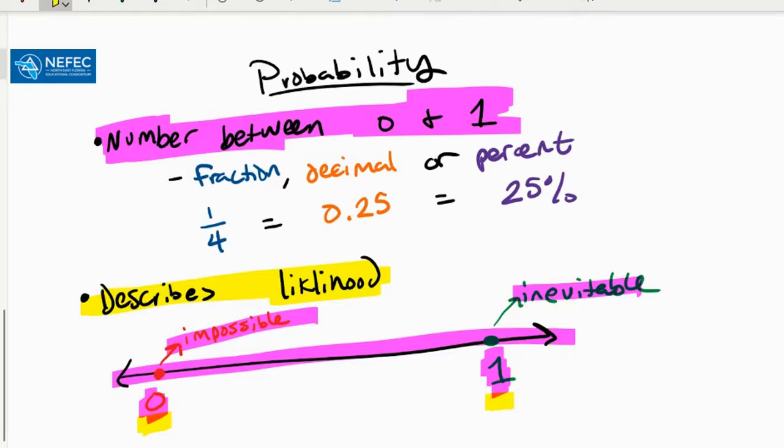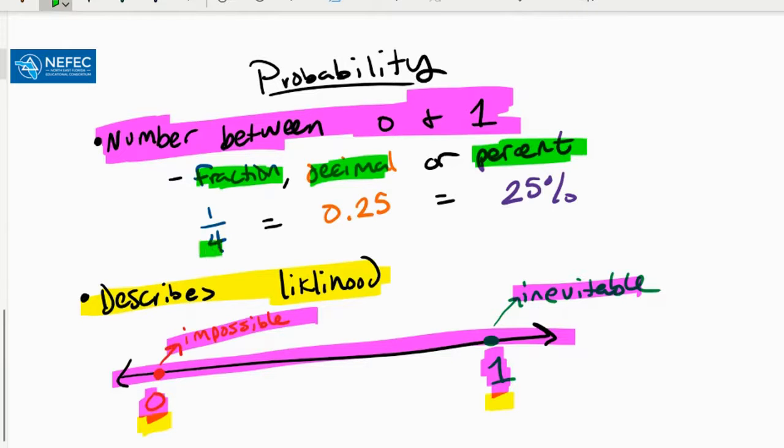Now, there are a few different ways that this can be represented. Just like with numbers, there are different ways to represent values between numbers, in this case between 0 and 1. We might be looking at these values as a fraction, a decimal, or a percent.